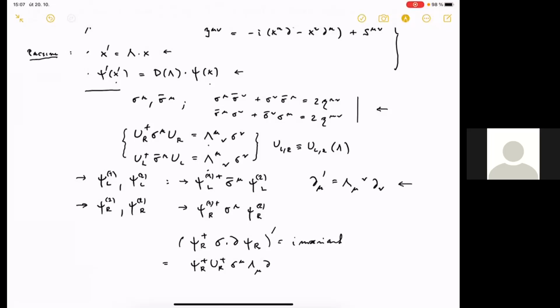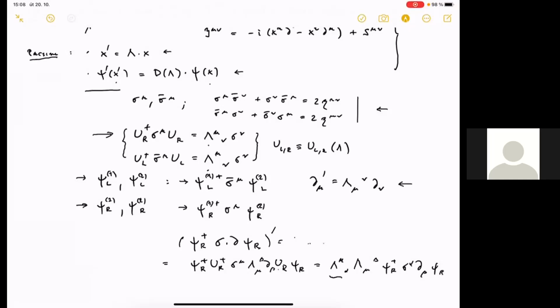So if we calculate the transformation of this psi_R^dagger, but this psi_R^dagger also transforms by the right-handed matrix U_R, we see that we can use this first relation to obtain that the result is just Lambda^mu_nu sigma^nu, beta, Lambda^alpha_mu Lambda beta times psi_R^dagger sigma alpha beta d psi_R.